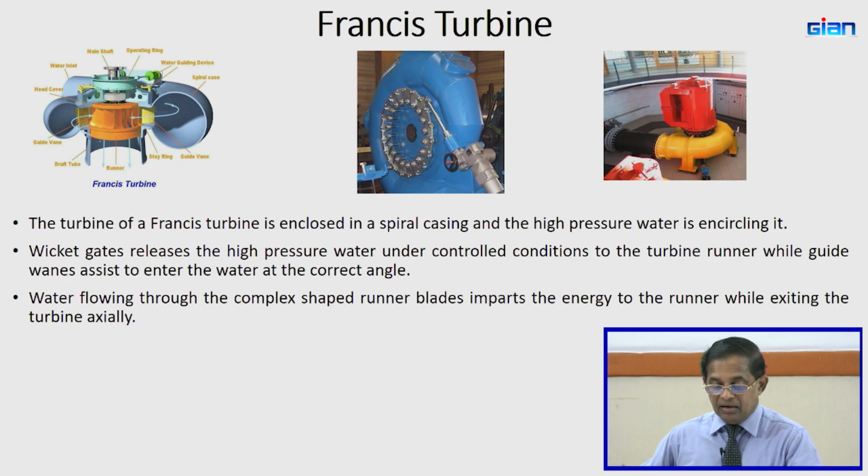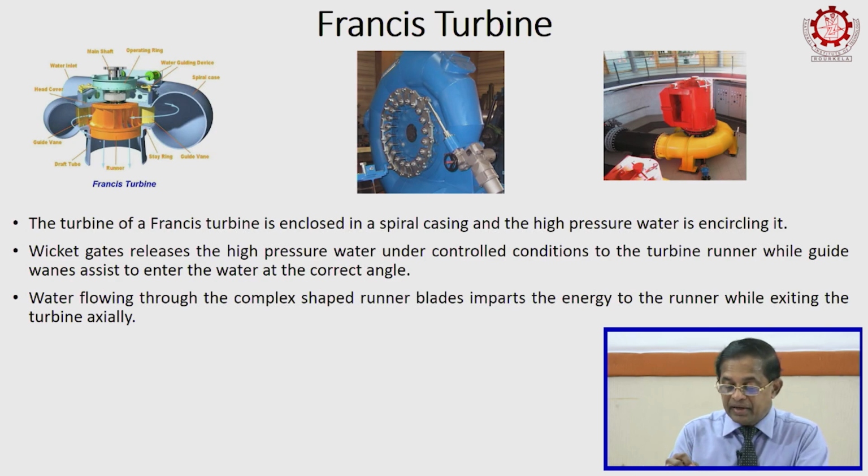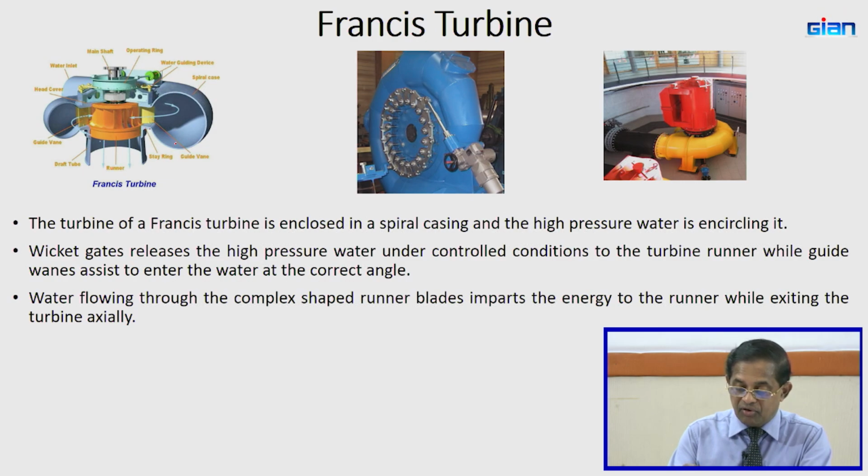Here you can see how Francis turbines operate. You can see the spiral case going around. The water enters from this larger entry, and then from the periphery enters the turbine runner.